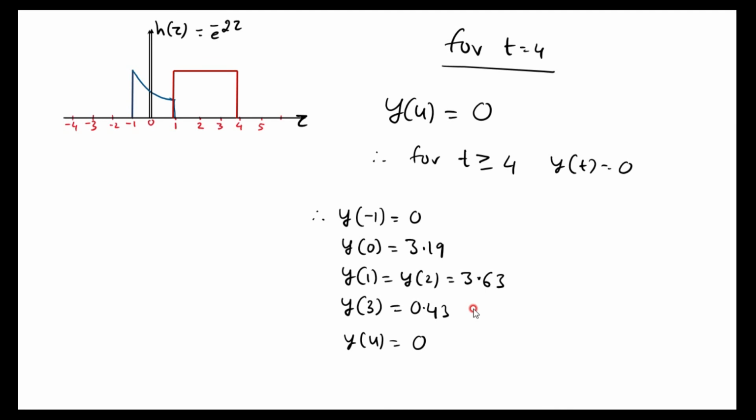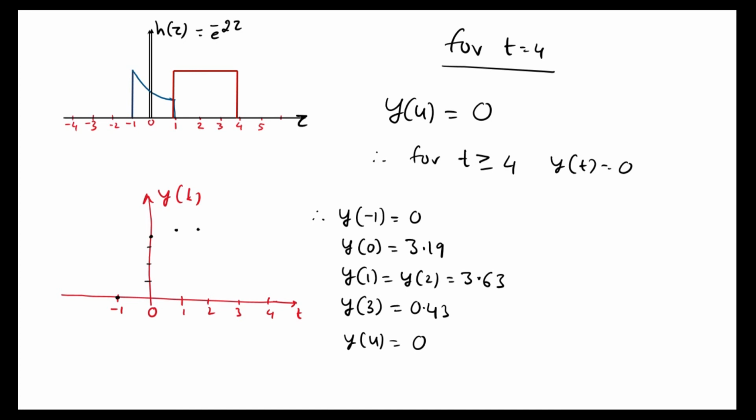So now I will try to plot this signal y of t. At t equal to minus 1, its value is 0. At t equal to 0, its value is 3.1. Say it is 1, 2, 3 and somewhere it is 3.1. At t equal to 1, its value is 3.63. That is, we may get here. At t equal to 2 it is also 3.63.